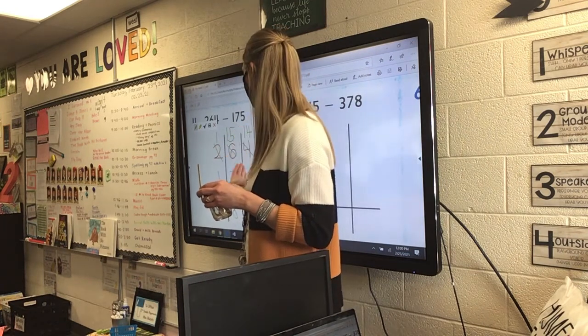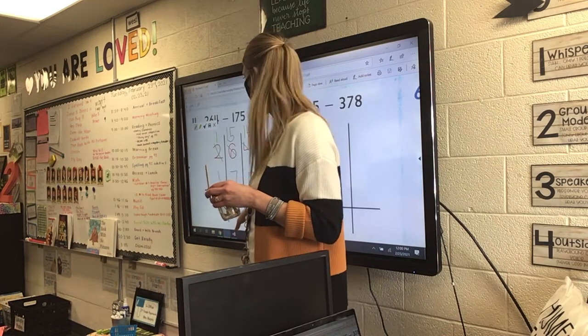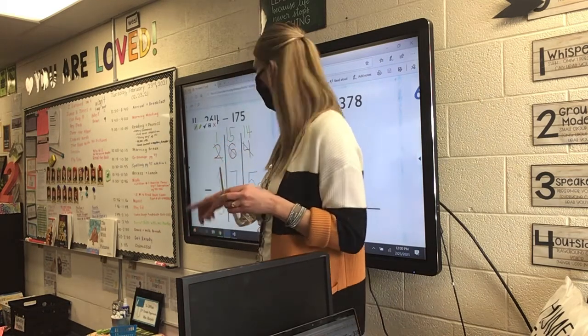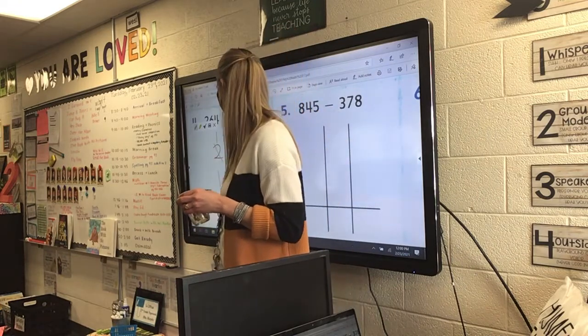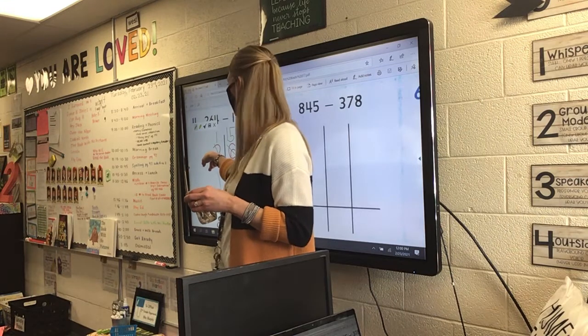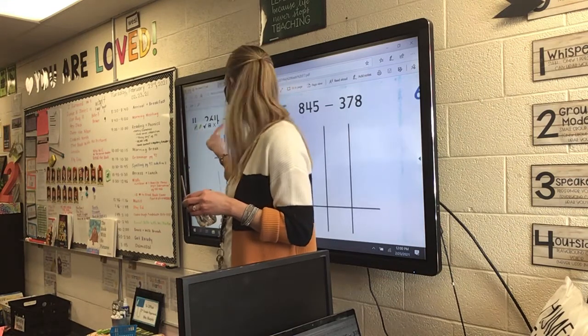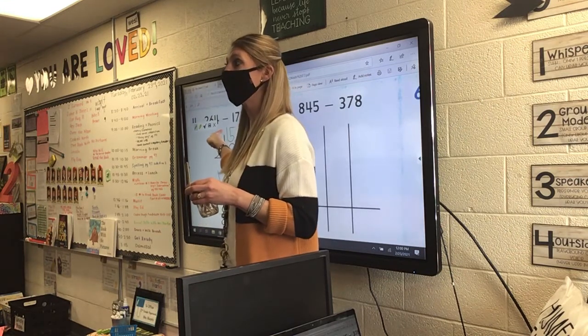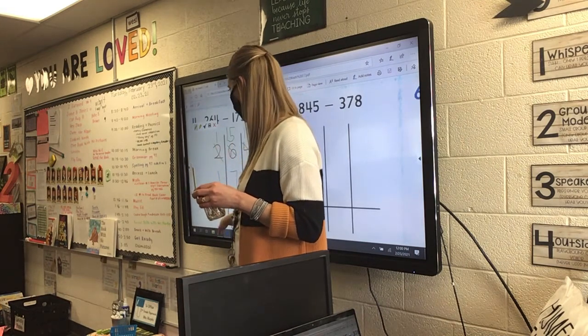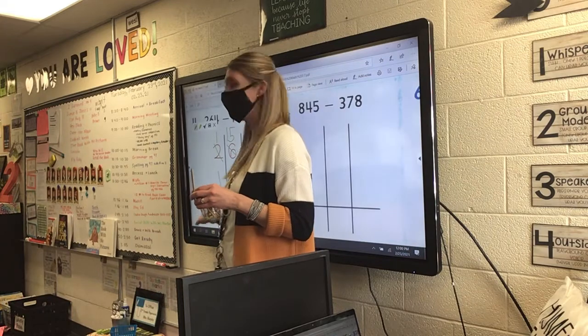Then Braylon said 14 minus 5 is 9. Then he said, oh, 5 minus 7, I can't do that. So he had to go borrow again. Bigger bottom, better borrow. So this 2 now becomes a 1, and the 5 becomes a 15. And 15 minus 7 is 8. And 1 minus 1 is 0.